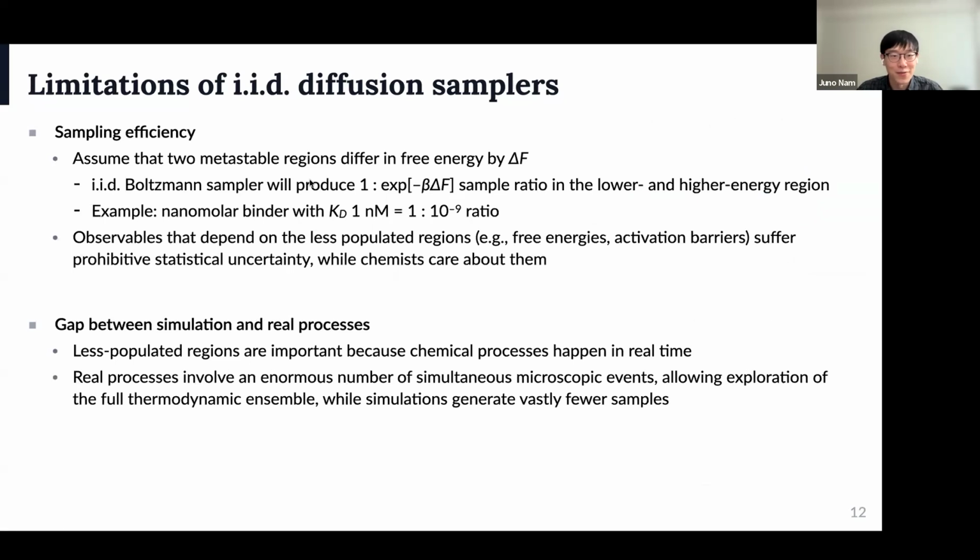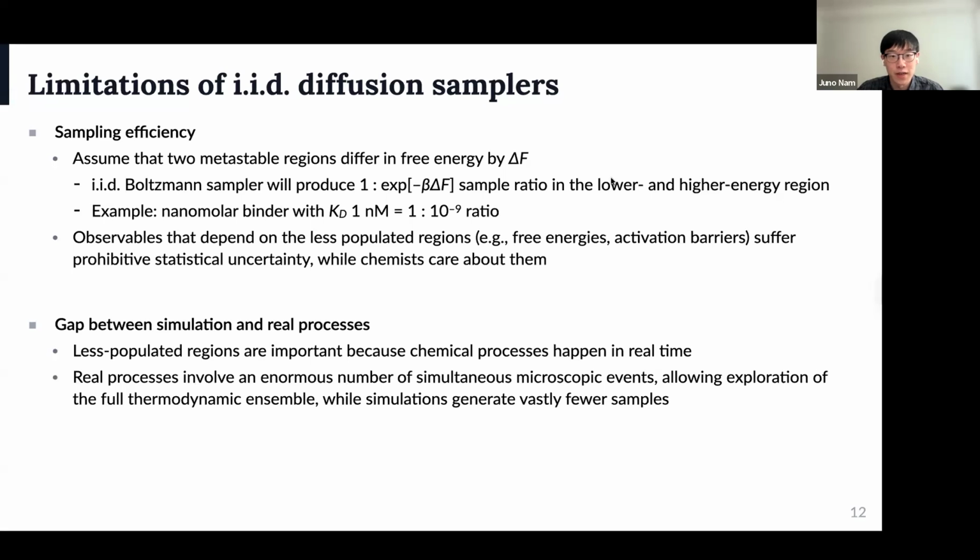And another problem that we have is the sampling efficiency. Let's assume that there are two different metastable regions in the energy landscape that differ in free energy by delta F. Then if we train an IID Boltzmann generator, and the model is ideally trained, it will produce a sample ratio of 1 to the exponential of minus beta times this free energy difference in the less and more populated regions.